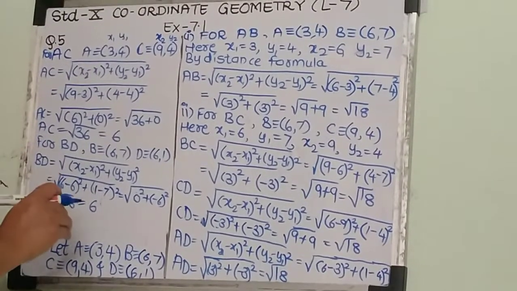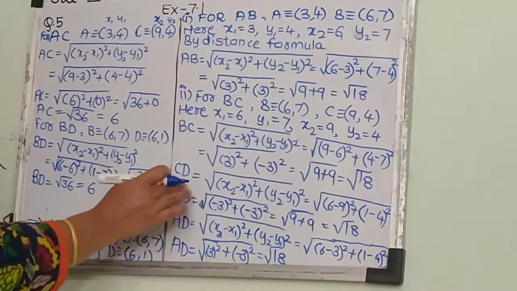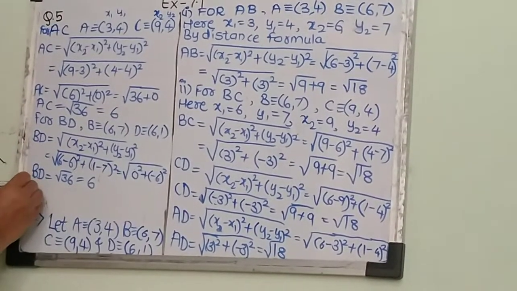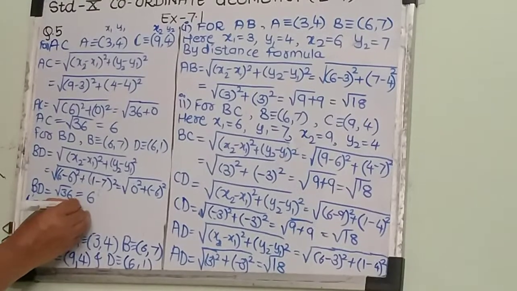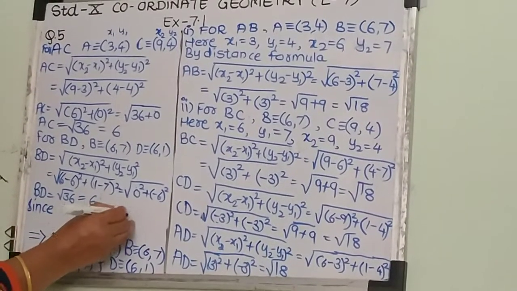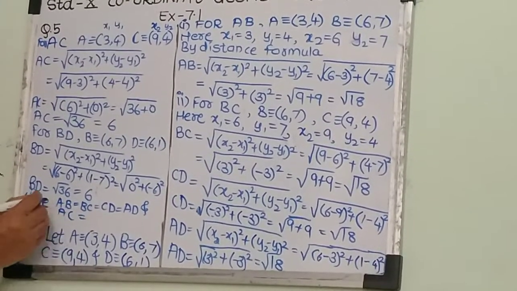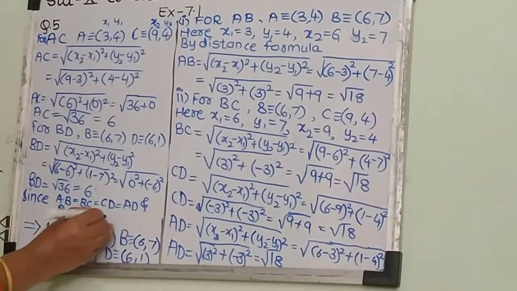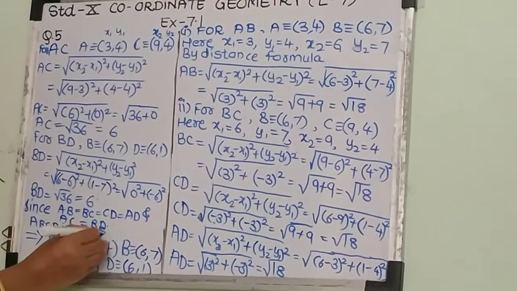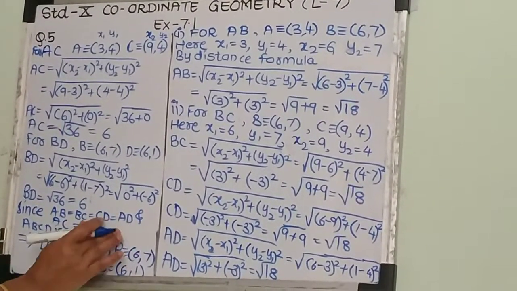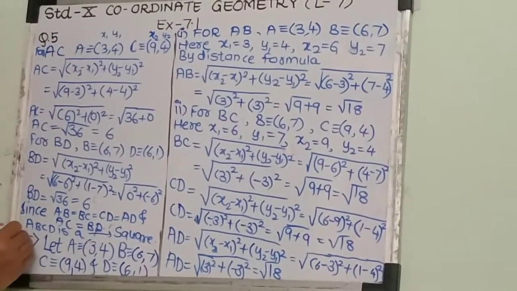So here we get AC and BD also equal, and AB equal to BC equal to CD equal to AD. Therefore, we can say that since AB equals BC equals CD equals AD and AC equals BD, ABCD is a square.